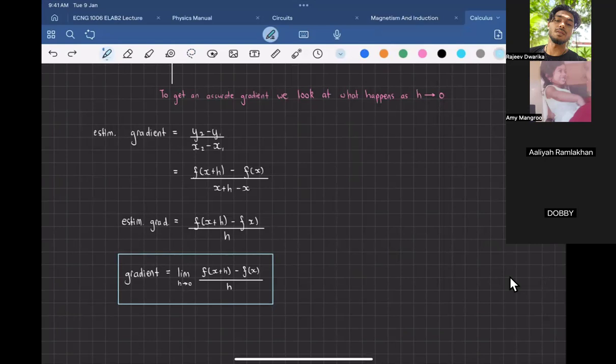Right, so as soon as you have that gradient formula copied down, we'll proceed.